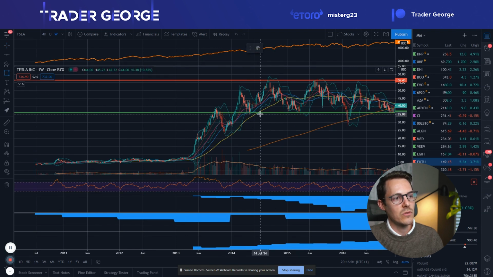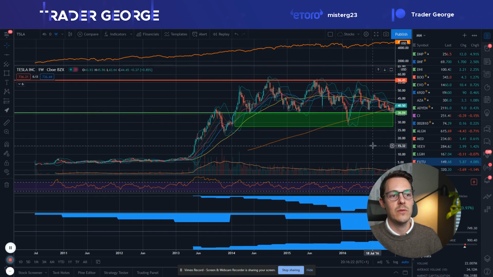And basically what you're doing here is, as opposed to a support line, you're drawing a support area. So you're saying, okay, this is a range within which if we drop into here, touch the top or come into it, I should expect a bounce.